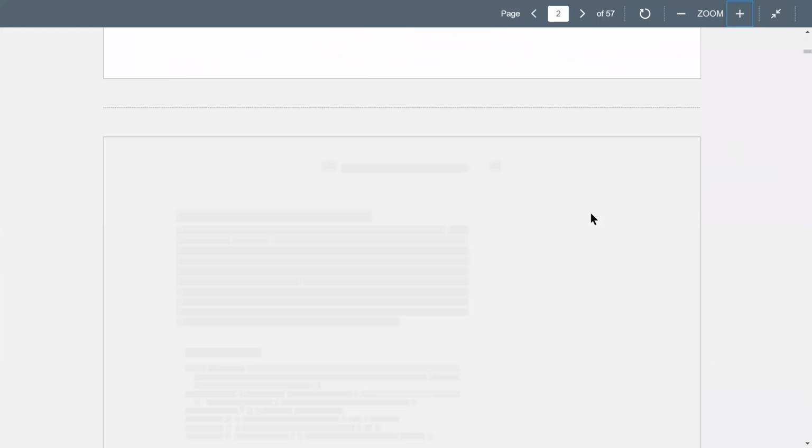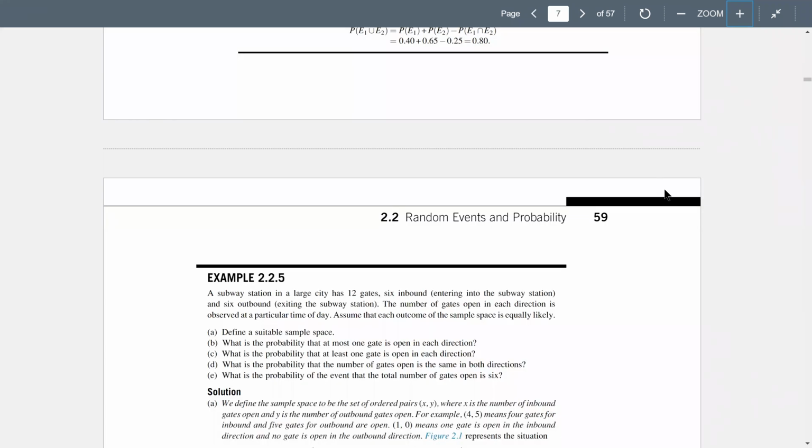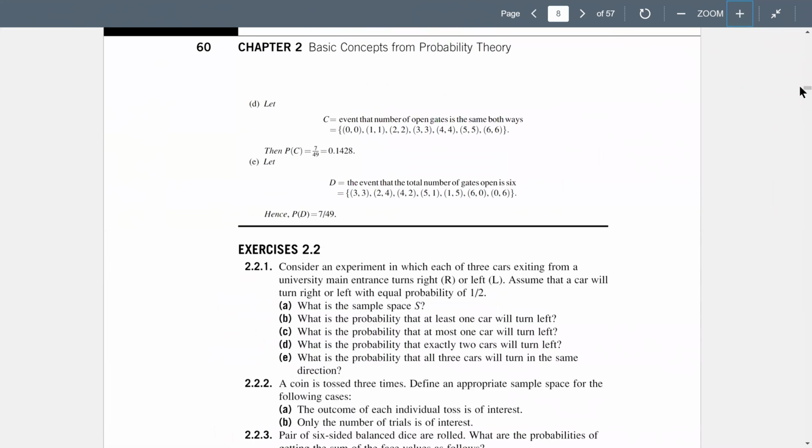Okay. So you have this. I'll scroll down to section 2.5.